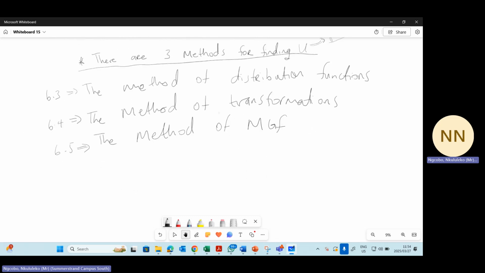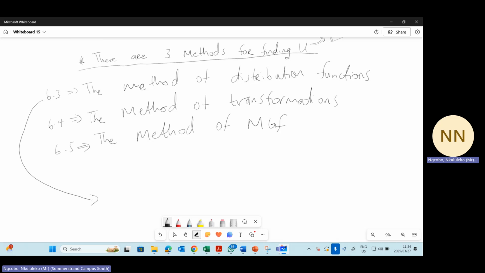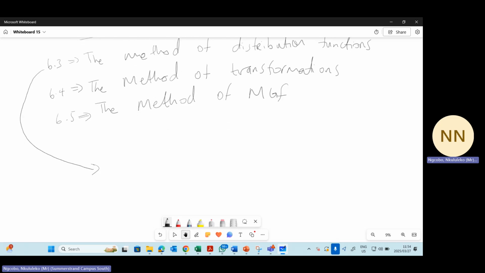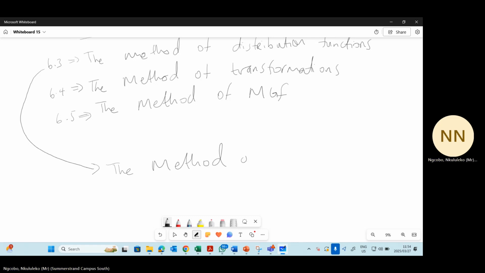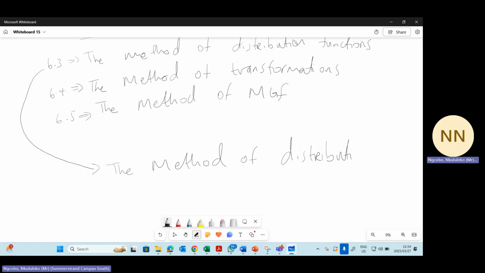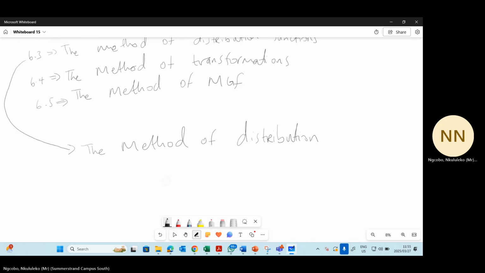But in today's session, we are only going to look at this method, the method of distribution function.